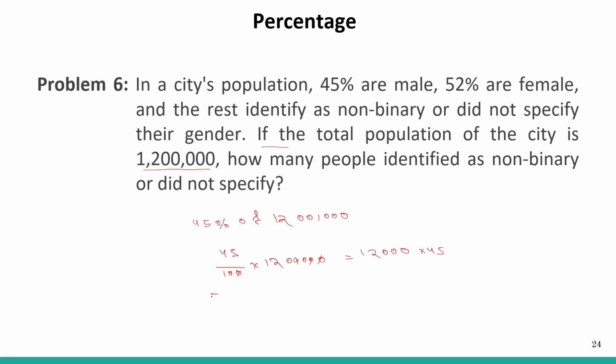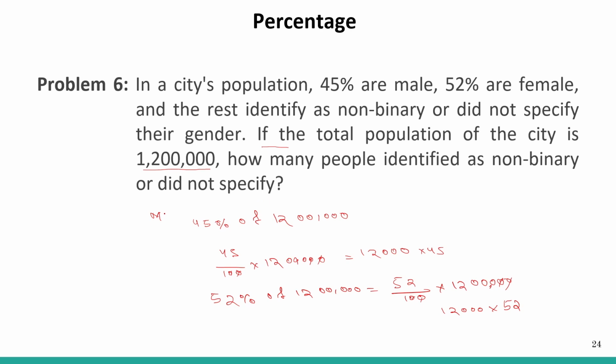And let's calculate 52% of 12 lakh. That will be 52 by 100 into 12 lakh. So it will be equal to 12,000 into 52. So how we can calculate the rest of the people is we can do it by two methods.